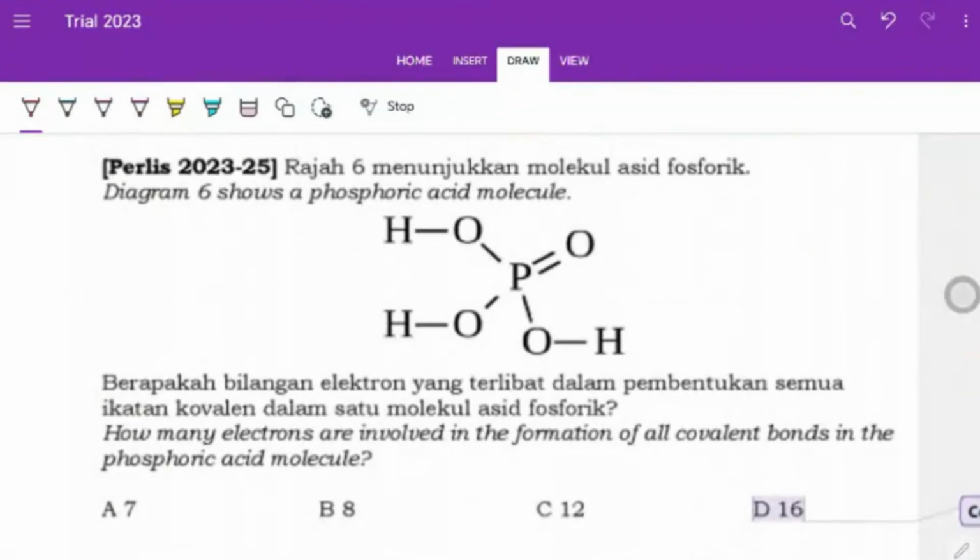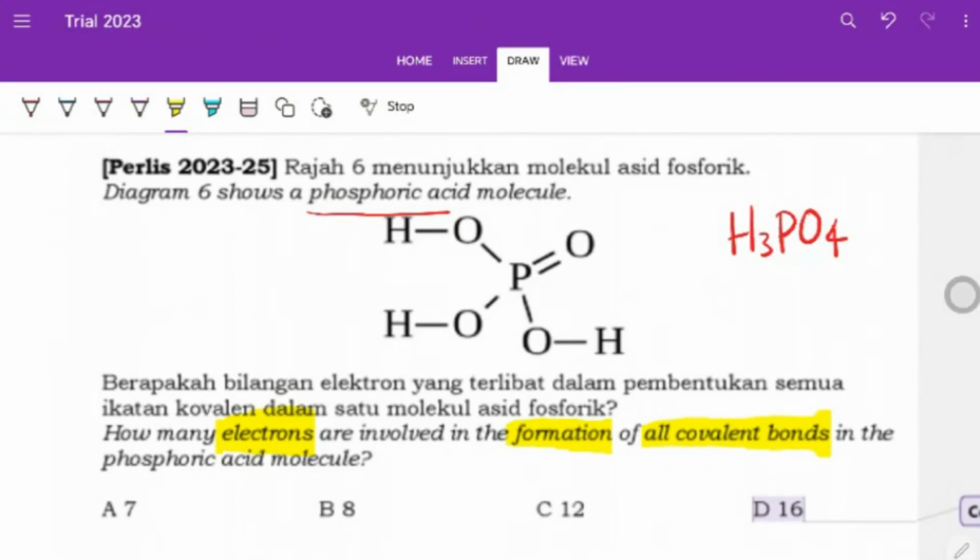Now next, phosphoric acid. Phosphoric acid molecules. If you notice, it will be H3PO4. You can count H3, 1, 2, 3, PO4. Now we can see what the question is: how many electrons are involved in the formation of covalent bonds in phosphoric acid?